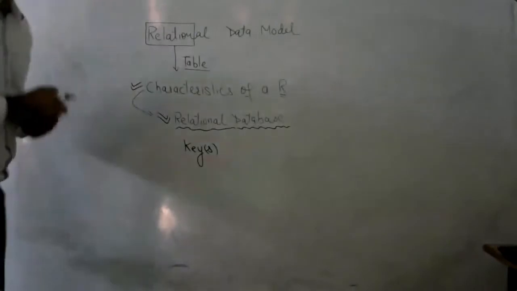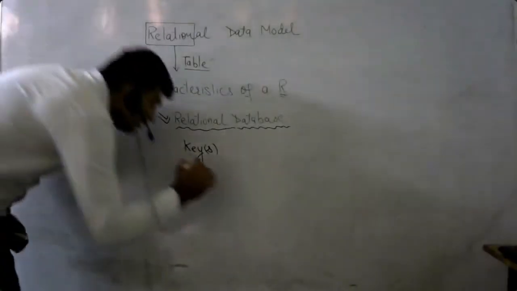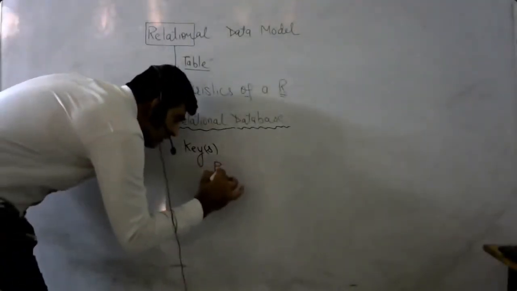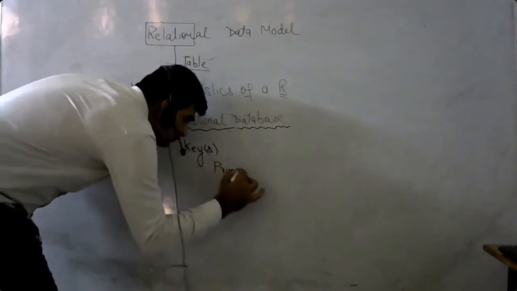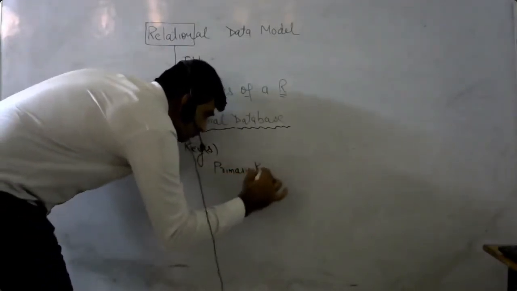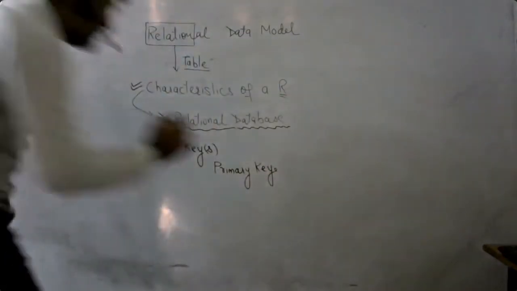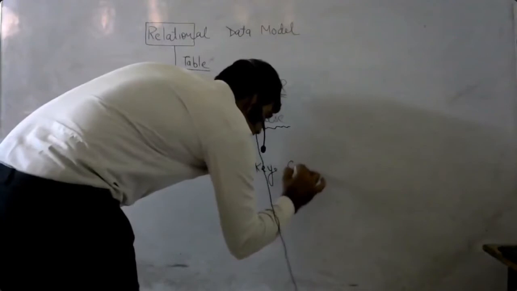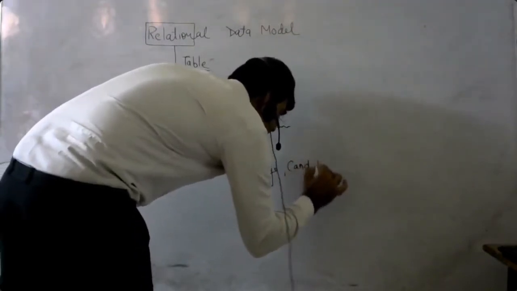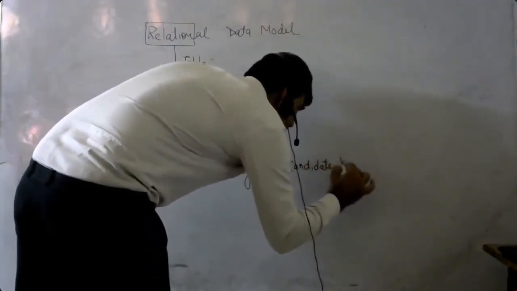The keys we are going to cover: first one will be primary key. After this, candidate key. Then we will cover alternate key.